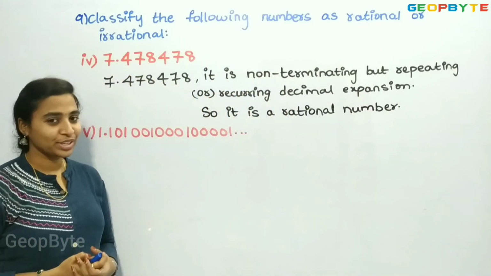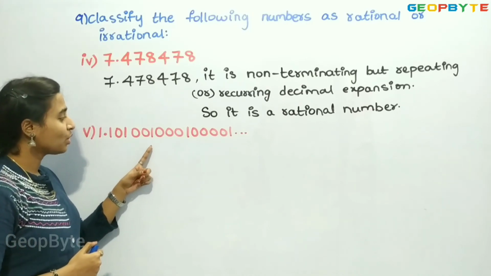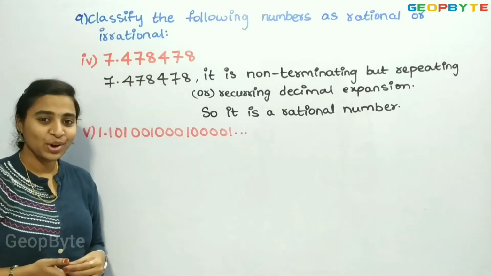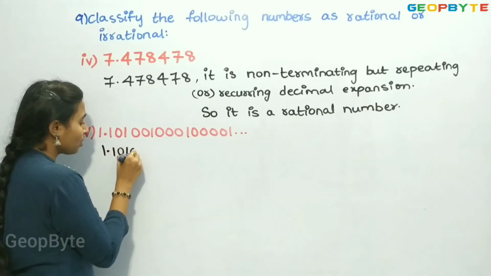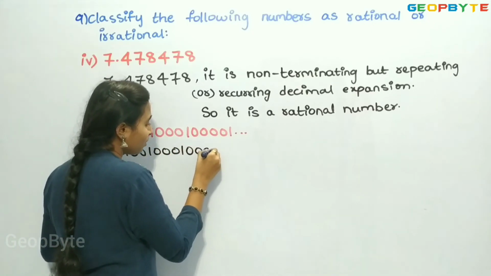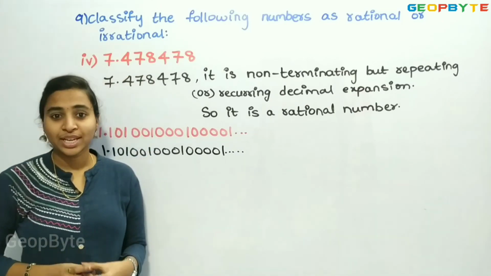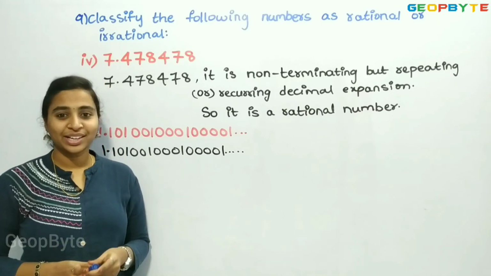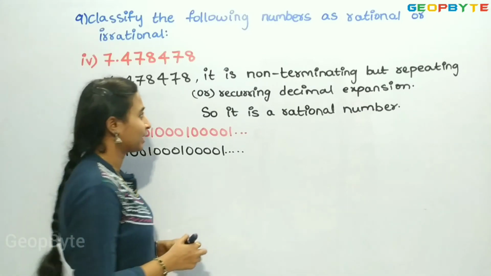Let us see the next question. We have 1.10100100140 1 and so on. If you see, this decimal expansion is non-terminating, non-recurring or non-repeating. So it is an irrational number.